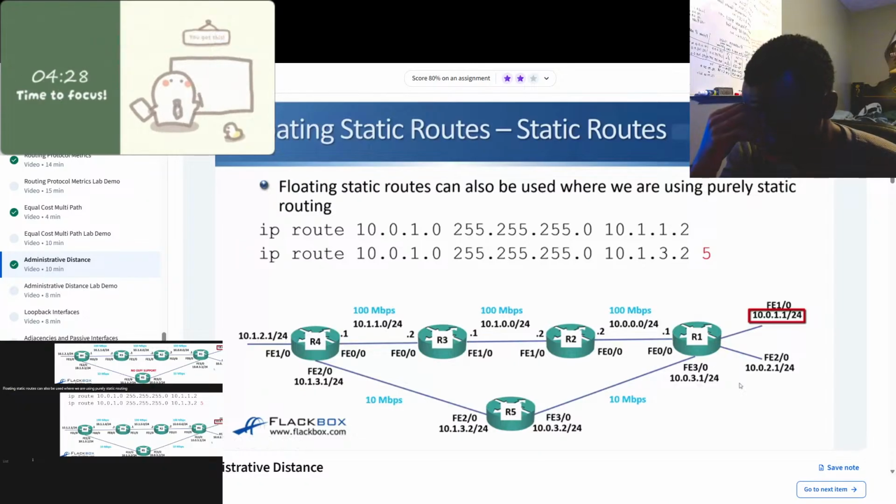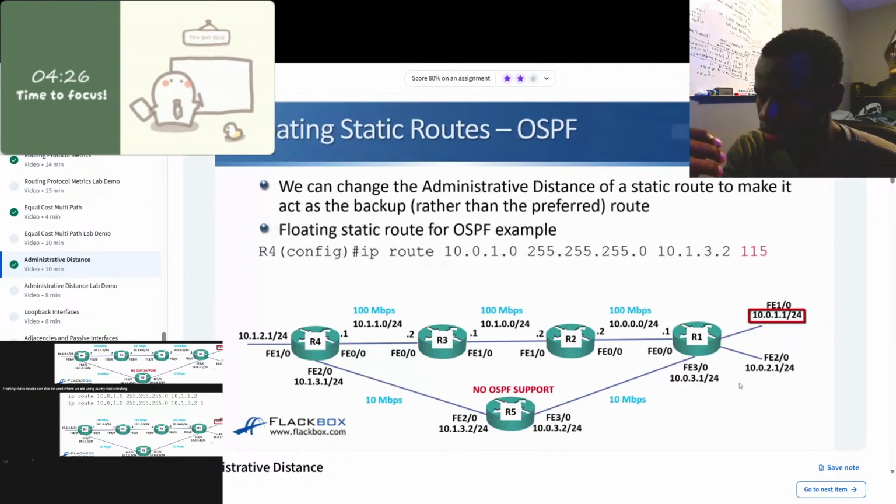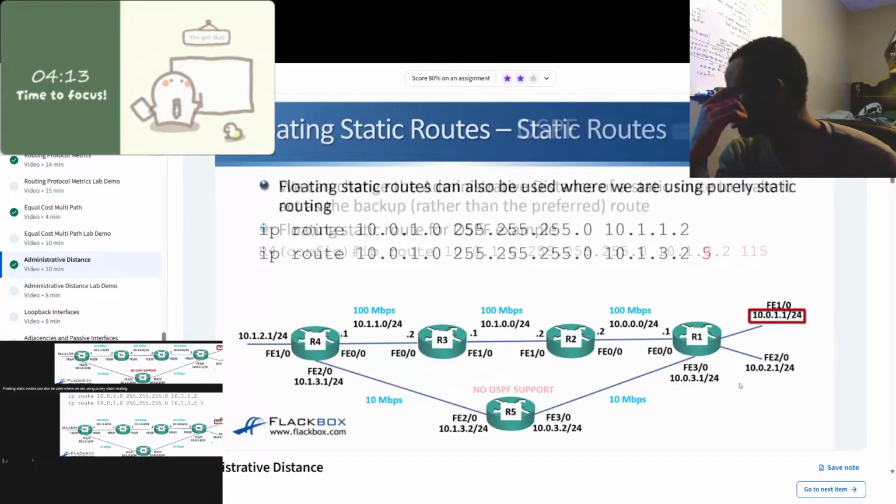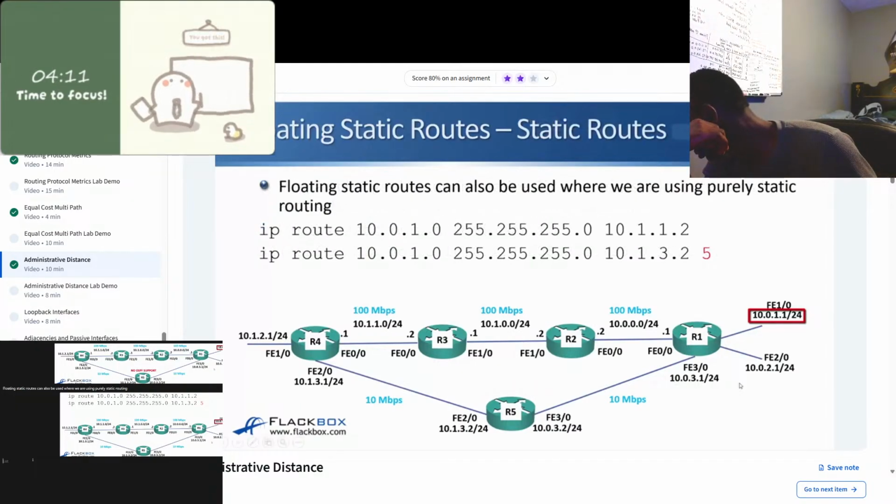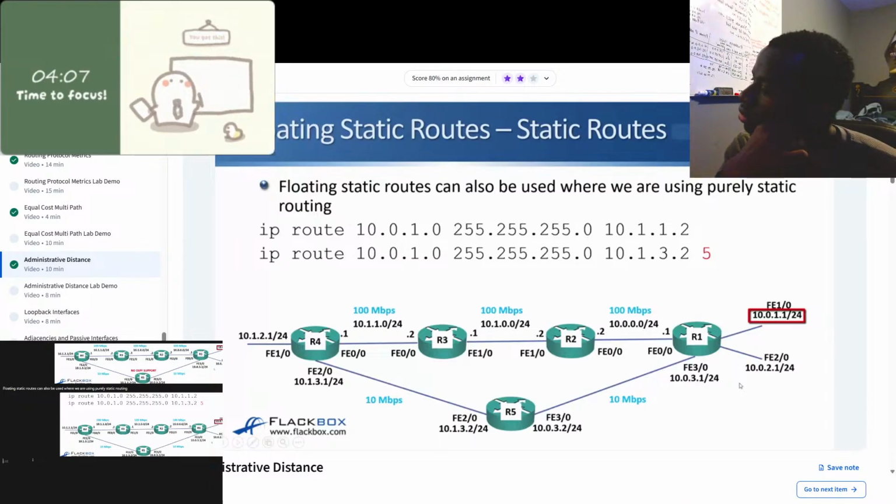Now, a word of warning with this, if I go back a slide, if you do a floating static route as a backup for OSPF, if any of the links from R4 to R1 go down, OSPF will detect that and the route will be removed from the routing table. So that will work just fine. But with our second example, this will work if the link from R4 to R3 goes down, because R4 will detect that.